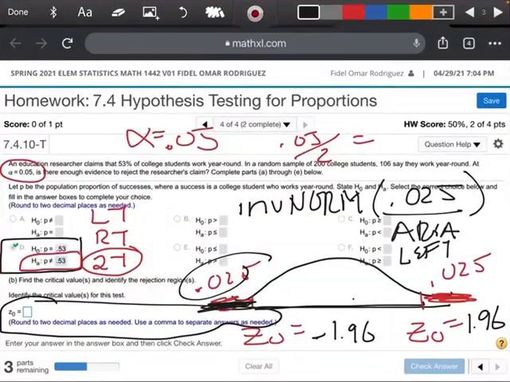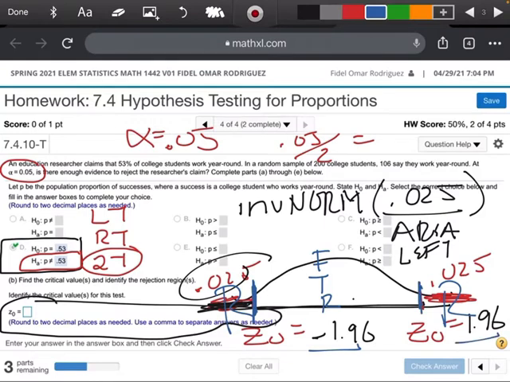This area in the middle is my fail to reject region. These here are my rejection regions, okay? So remember, the number here was negative 1.96, and the number here was positive 1.96. So when z is smaller than negative 1.96, or when z is bigger than 1.96, those are going to give me my rejection regions, right?